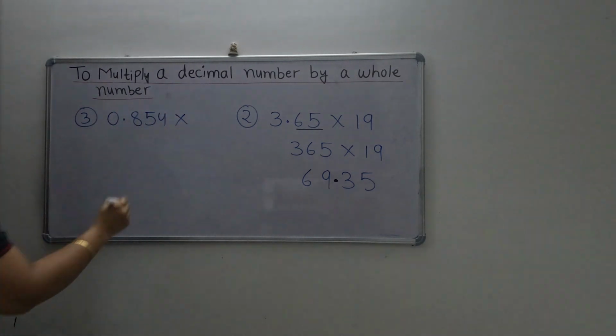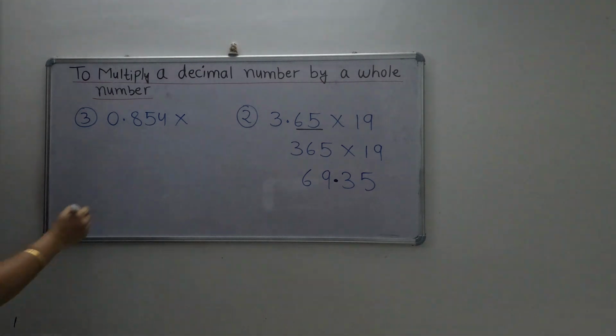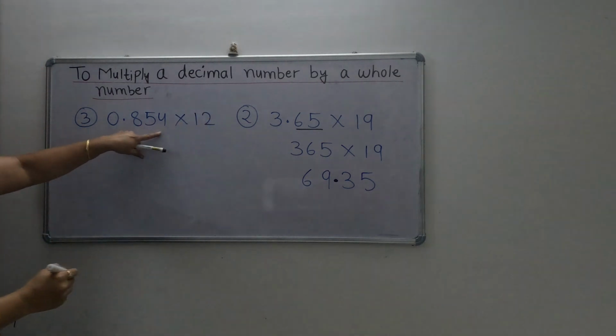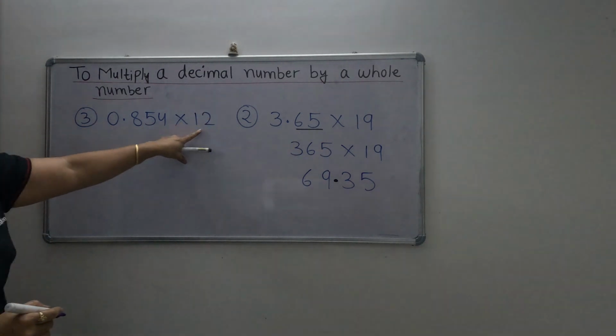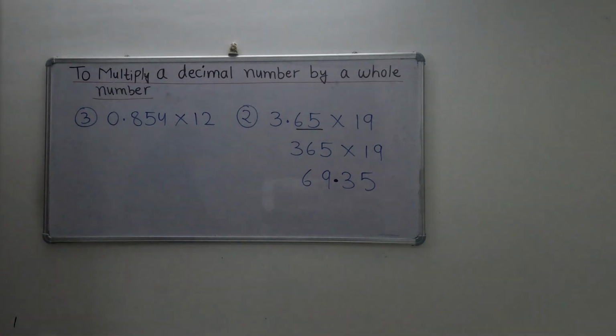Now suppose the question is 0.854 times 12. Again we have the decimal number here and this is the whole number. So first you will ignore the decimal points and multiply the numbers. 854 times 12 is what?